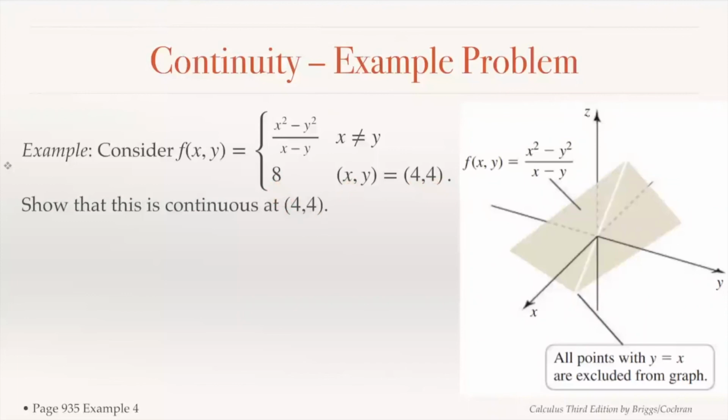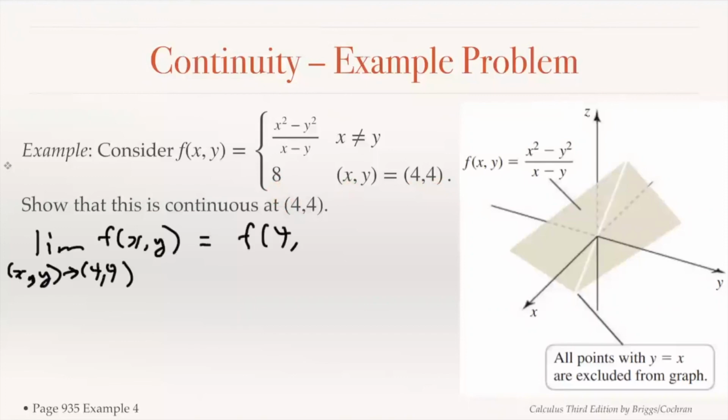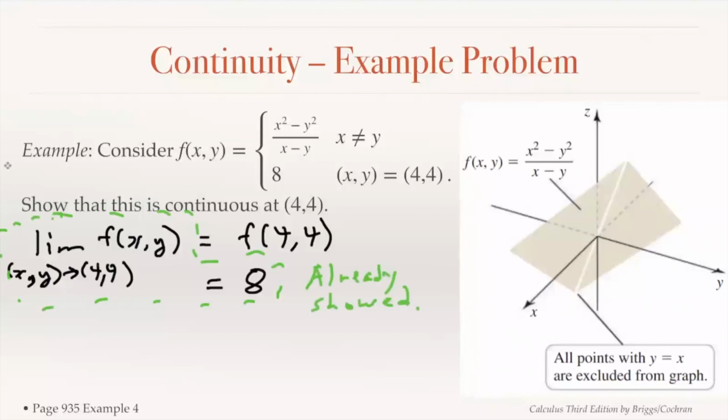To show that it is continuous at (4, 4), we need to show that the limit as (x, y) approaches (4, 4) of f of (x, y) is equal to f of (4, 4), which is 8. This part we already showed in the previous example. So that's all there is to that.